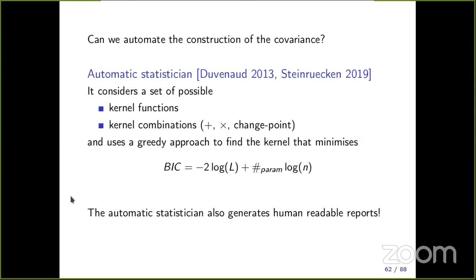We can also say there's some periodicity in the data. And that's what the automatic statistician does. It looks at the covariance function and then explains in plain English what are the features that you have in the data. So it will say, I don't know, maybe like 30% of the variance in your data set can be explained by a periodic component that has a 1 year period, and things like that. Or there is a trend in your data, all these kinds of things. Just by, in a way, analyzing the covariance function and reading out loud what it means.